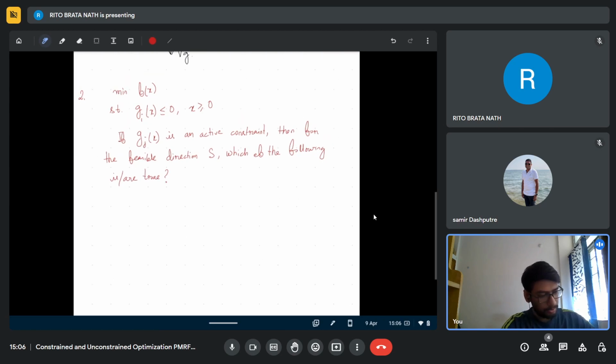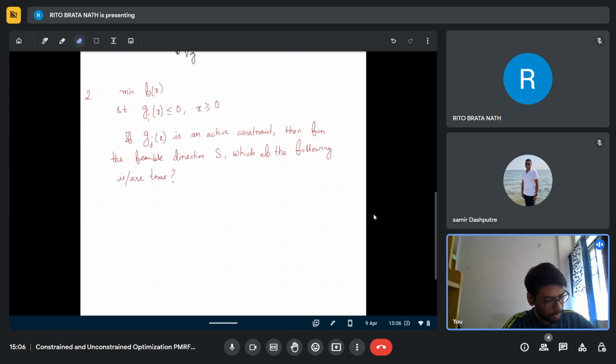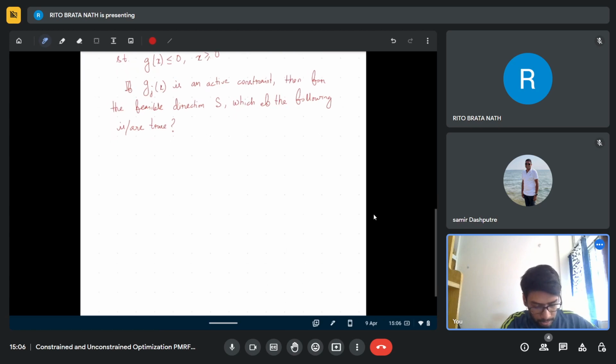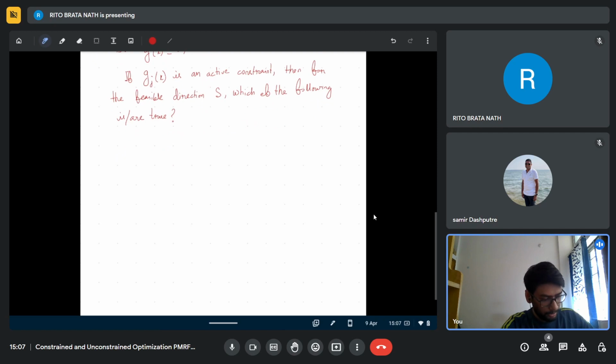Actually, this should not be g_i(x); I think there is some typo here. This should be g(x). It is a bunch of constraints, kind of a vector you can assume, but the single constraint is represented as g_j(x). Anyway, that's not the major thing in this problem.